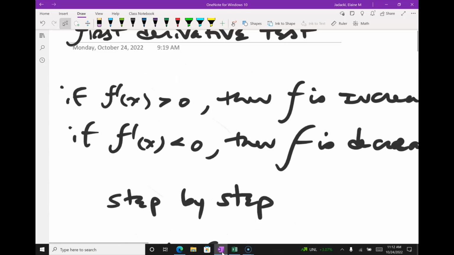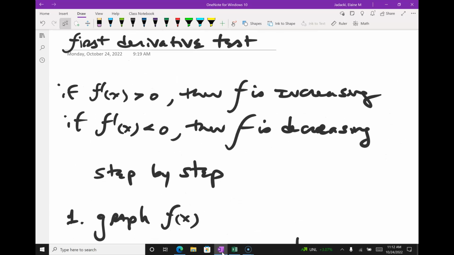So this is our first little thought about the first derivative test: if the derivative is positive, then the original function must be increasing. Now what we did is we worked it backward. We said, look at the function, where is it increasing? And now let's look at the derivative. So we're going to use the information from Desmos to help us through the calculus. We're going to test the derivative as positive or negative, and that will tell us something about the function.